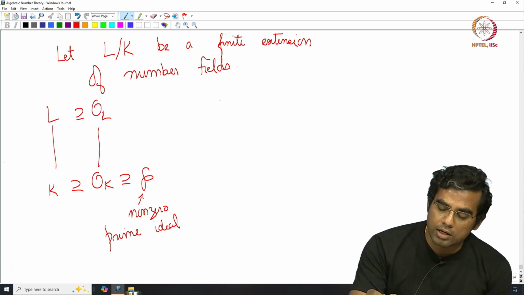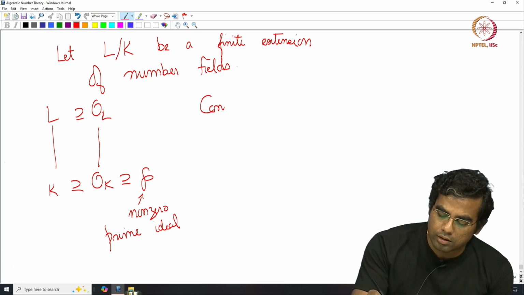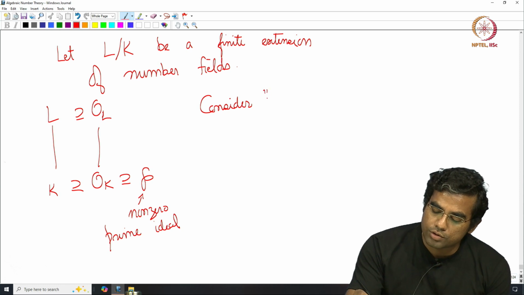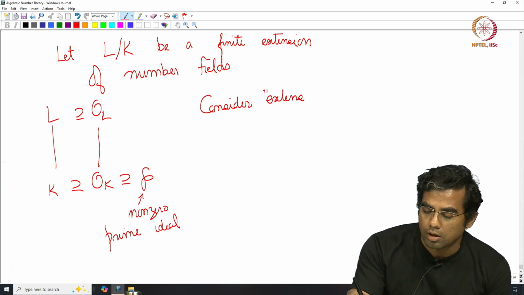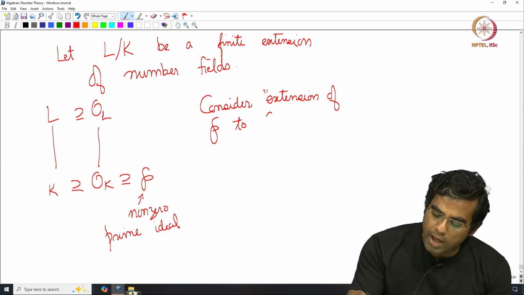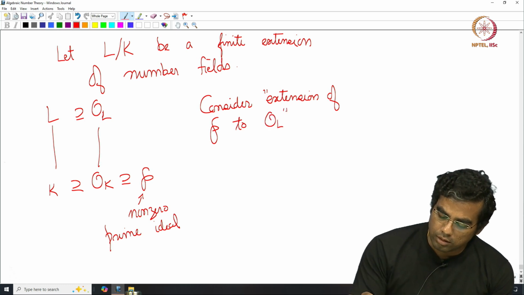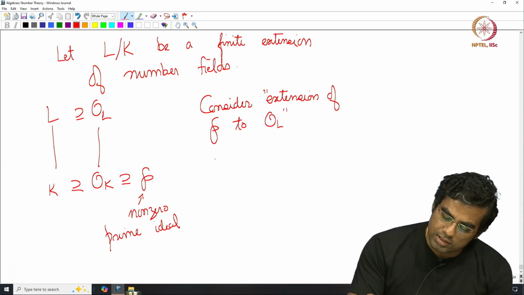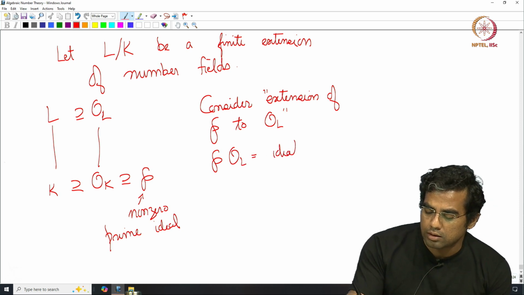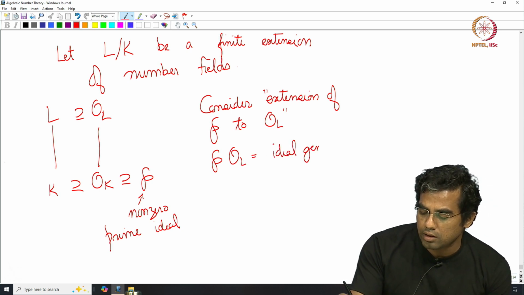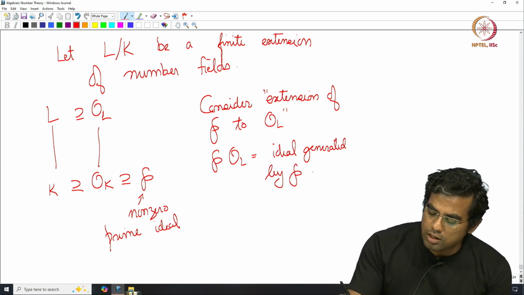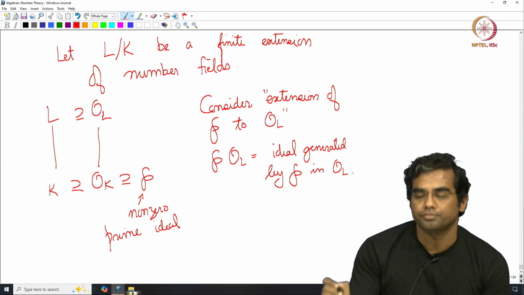Now, what I can do is consider what is called the extension of P to OL. What is this? This is P times OL, the ideal generated by P in OL.